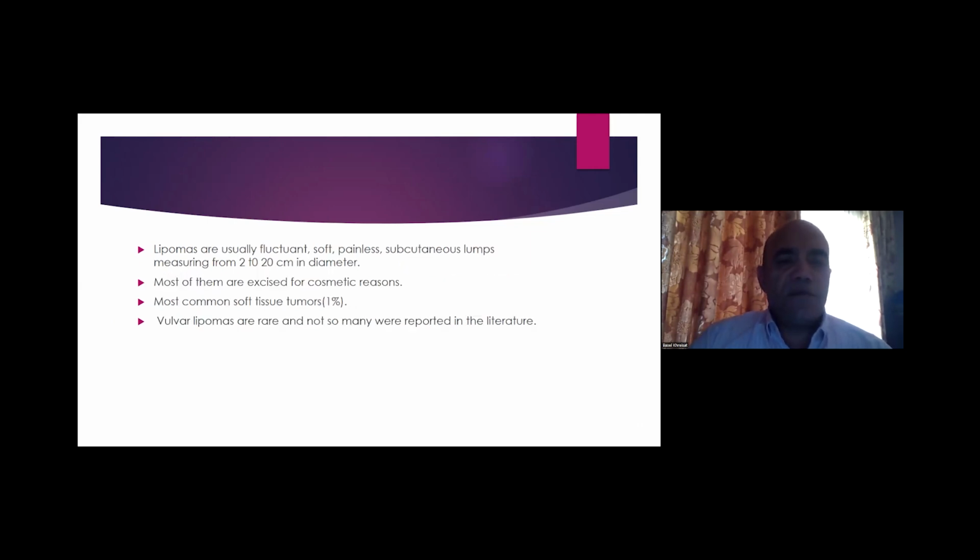They are the most common soft tissue tumors, ranging from 2 to 20 centimeters in diameter. Usually they are fluctuant, soft, painless subcutaneous lumps, and most of them are excised for cosmetic reasons.